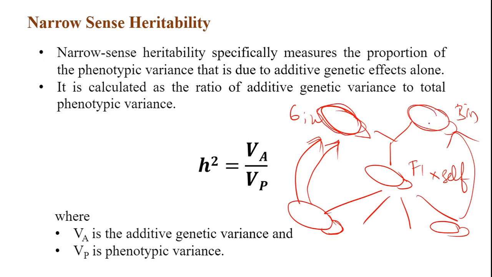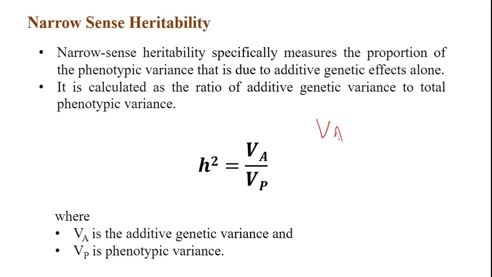Whichever shows 6 inches in the F2 generation shows additive gene action, where the additive gene effect mainly resembles the phenotype of the grandparents. That is called additive gene action.